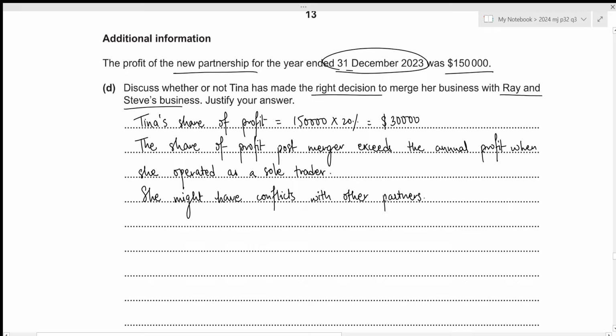So we can say that Tina has little control over the new partnership. So as per the profit sharing ratio, Tina has little control over the new partnership.